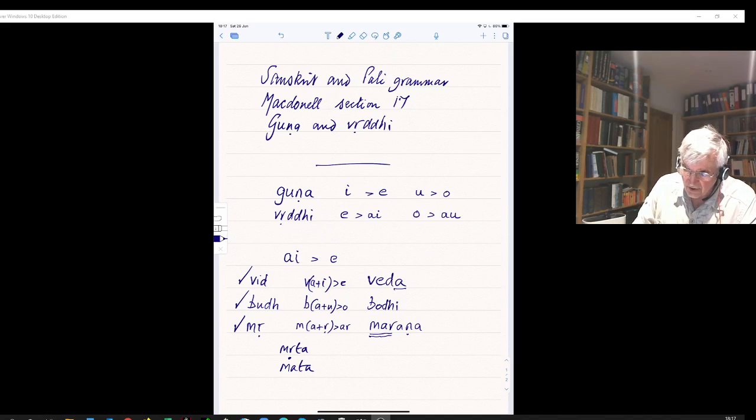So here we see the gunation of the short i, u, and ri.